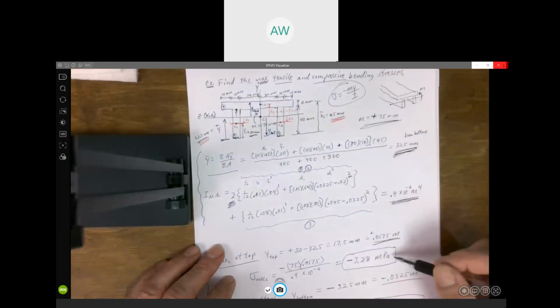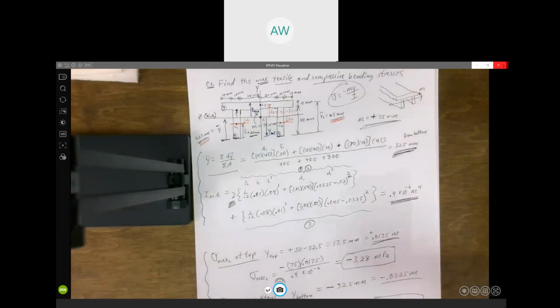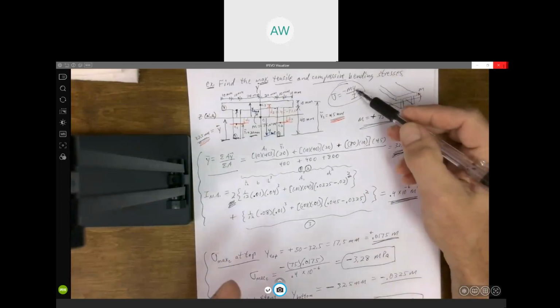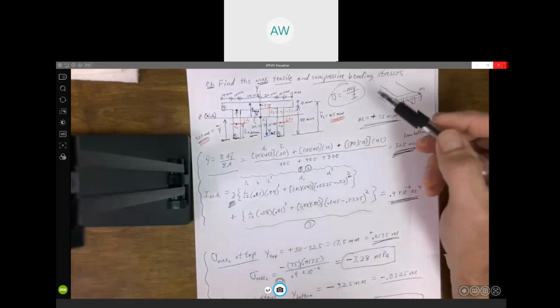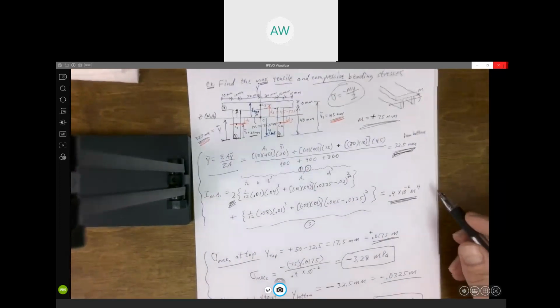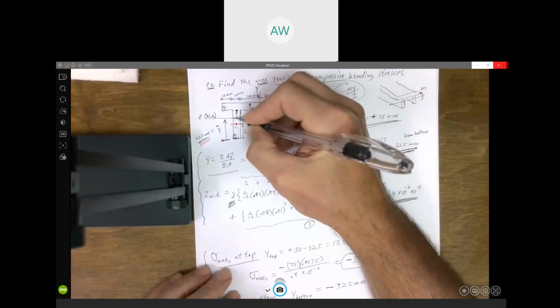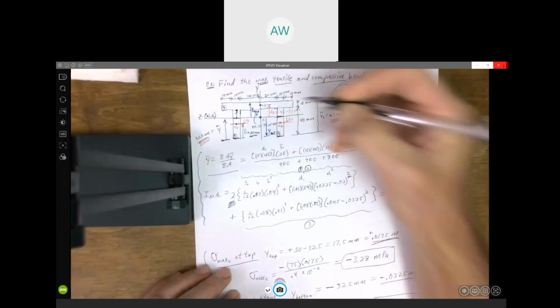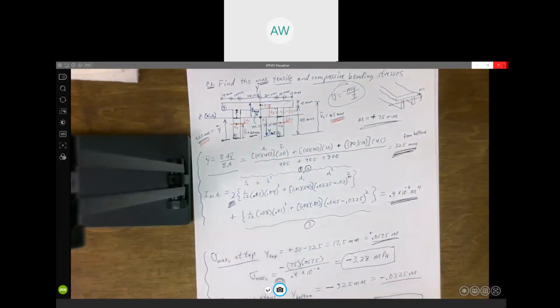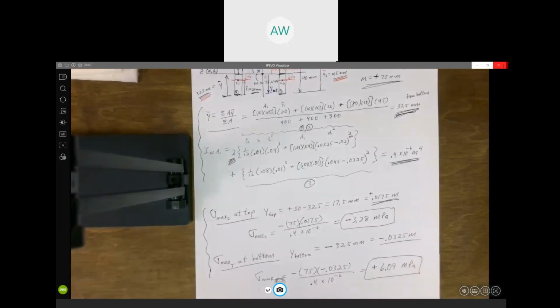Obviously, it would be less than 3.28, because it's a linear relationship. The further you get away from the axis, the larger the stress is. So the stress at C is 0, because Y is 0. Anywhere along this axis, the stress is 0, because Y is 0. Any other questions about that one?